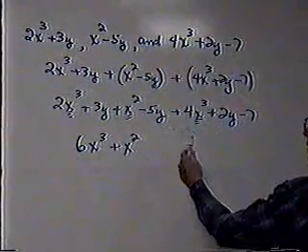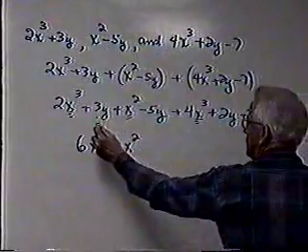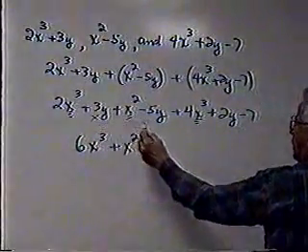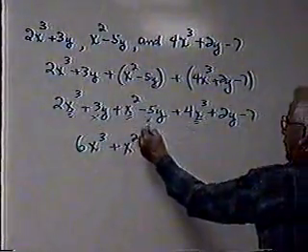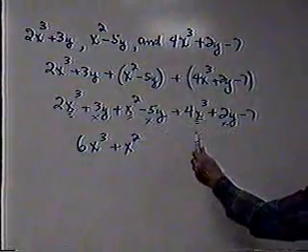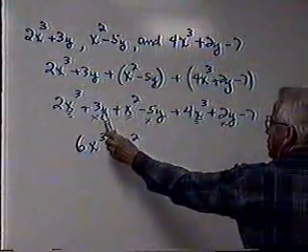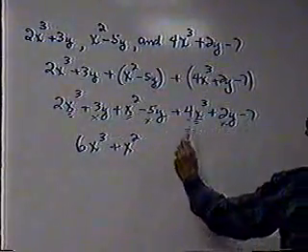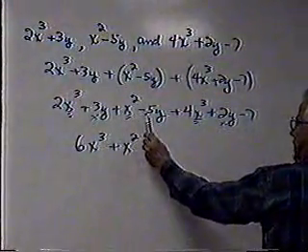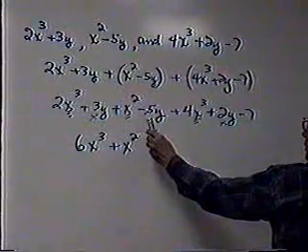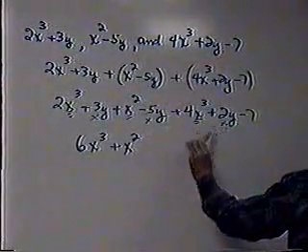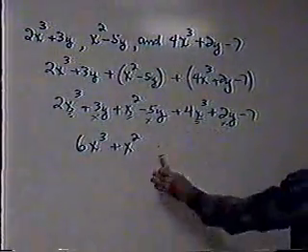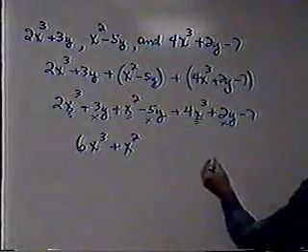X's, there's not any x's. Y's, here is a y and a y and a y. Well, wait a minute, how much do these add up? There's 3 and a minus 5 and a plus 2. Let's see, 3 and minus 5 is a minus 2. A minus 2 and a plus 2 is 0. So all those add up to 0. So I don't write any down. And then we have a minus 7.